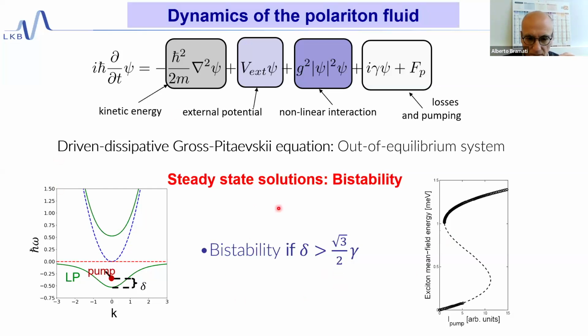The important point here is that, due to the fact that the system is a driven-dissipative system, the behavior of the collective excitations strongly depends on the working point on this bistability curve. So the collective excitations behave differently if I'm working here, here, and here. We will see this different behavior.